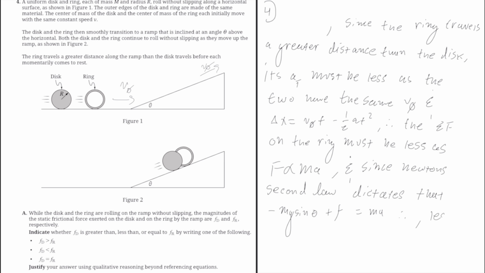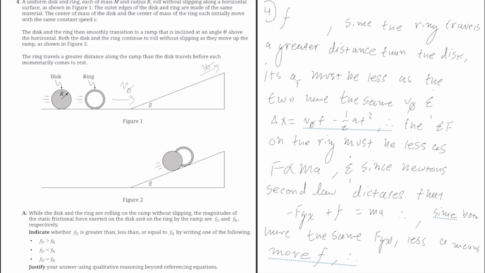Therefore, since both have the same, you know what, they like this. We'll not say mg sine theta. We'll say Fgx. Since both have the same negative Fgx, less a means more F. Therefore, and now I'm going to come back and complete it, the force of friction on the ring has to be greater than the force of friction on the disk.